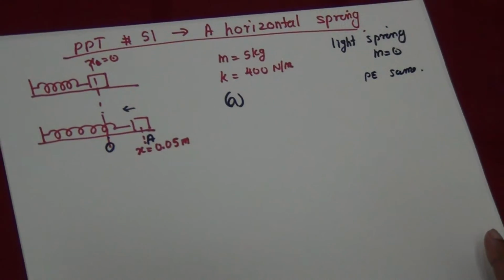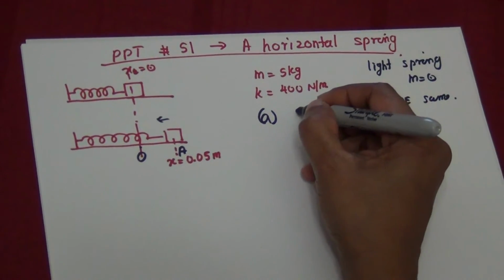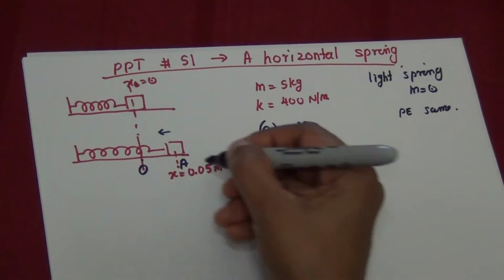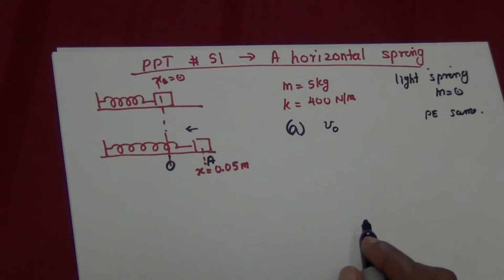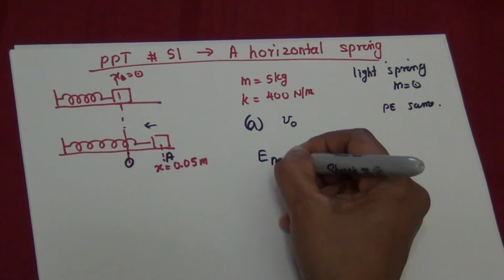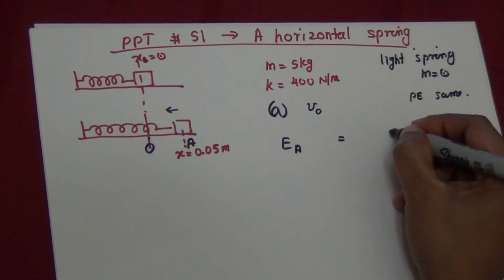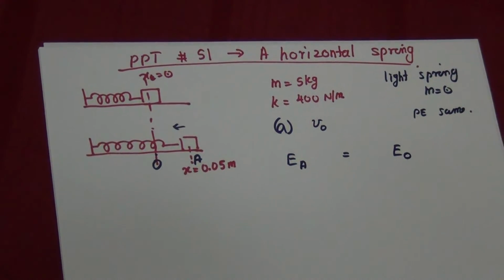So keep that in mind. They ask what is the velocity at O when it first reaches here. No friction is involved, so I can use conservation of energy. Initially E at A should be equal to E at O.